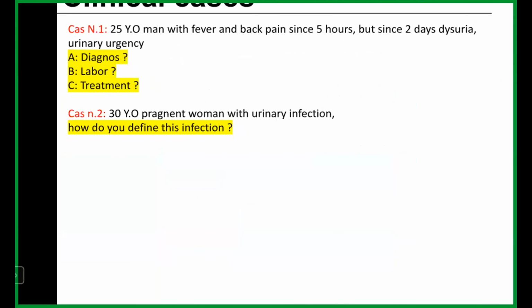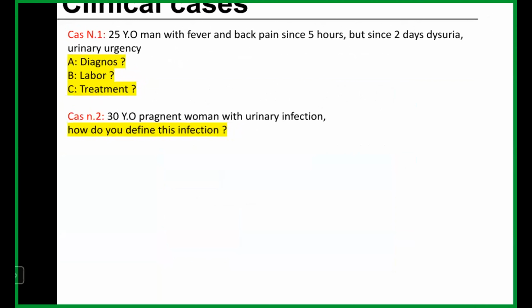Perfect. So the second case, this is a 30-year-old pregnant woman with urinary infection. The question is, how do you define this infection?